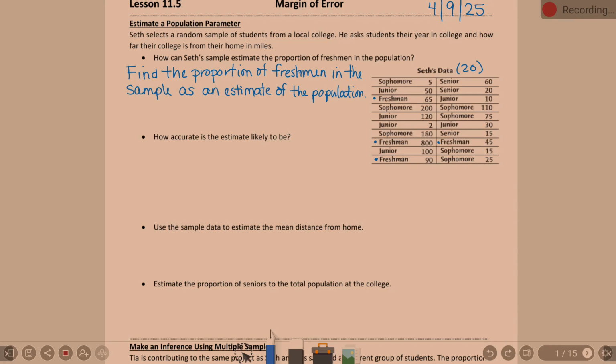So the whole point of having a sample is you can use that to find approximations here.